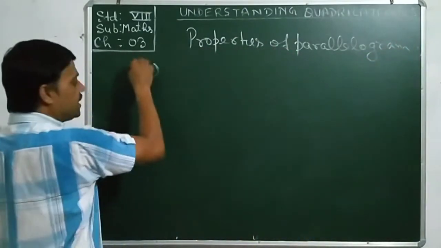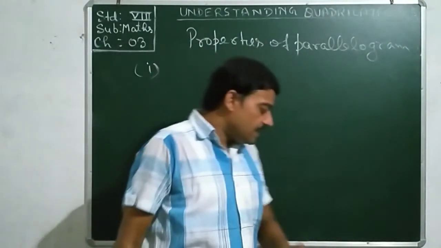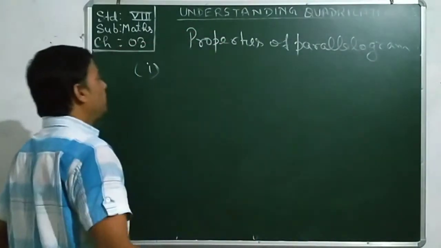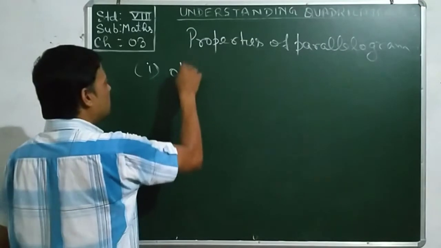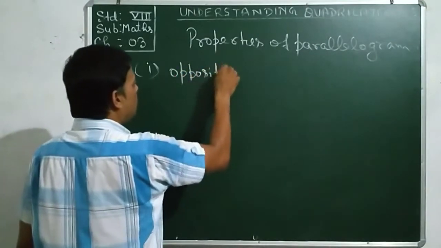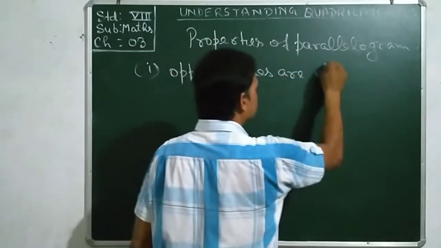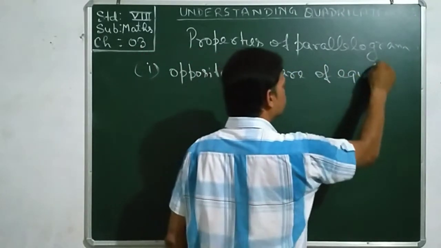The first one is that the opposite sides of a parallelogram are of equal length.